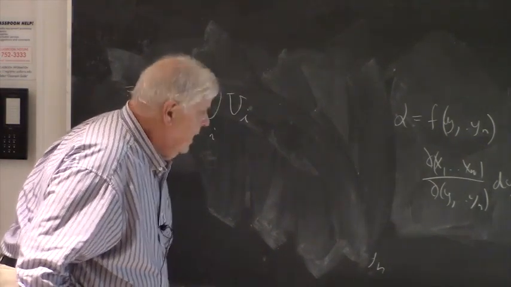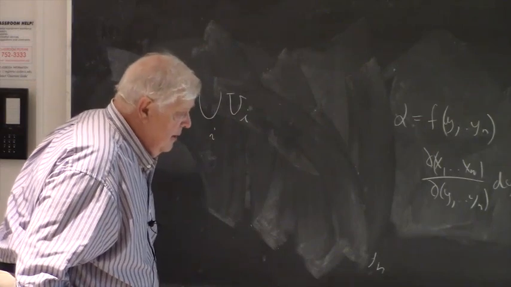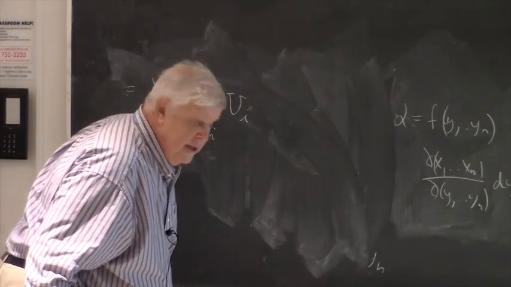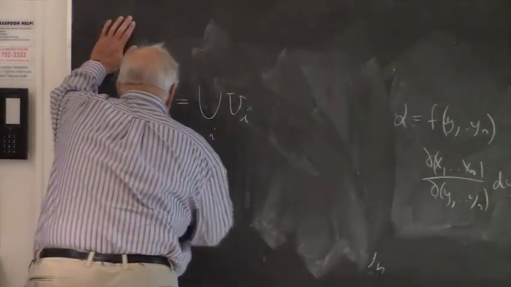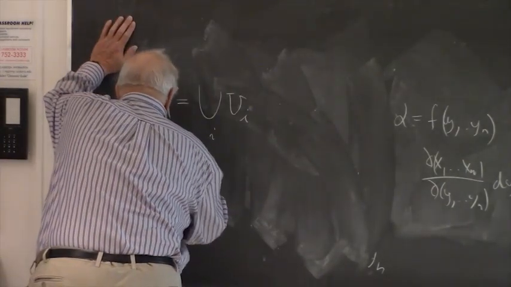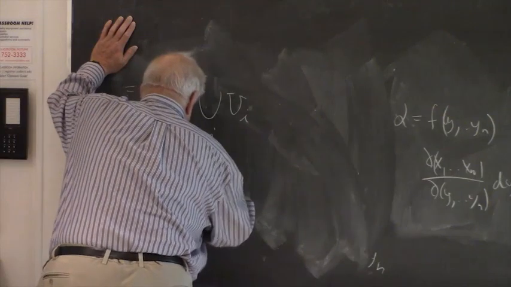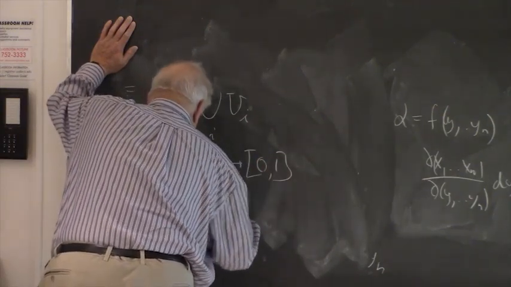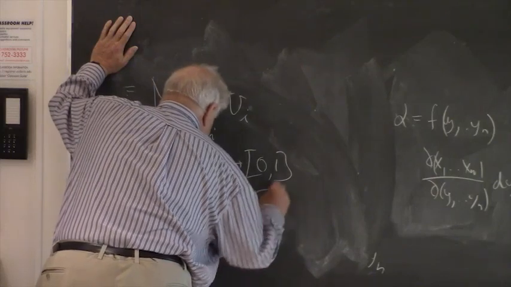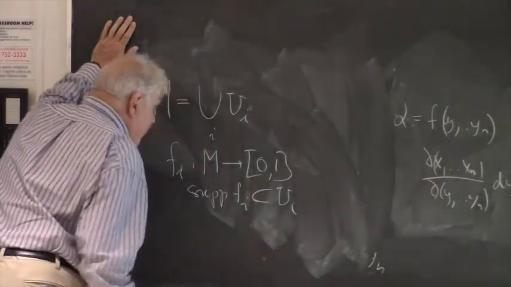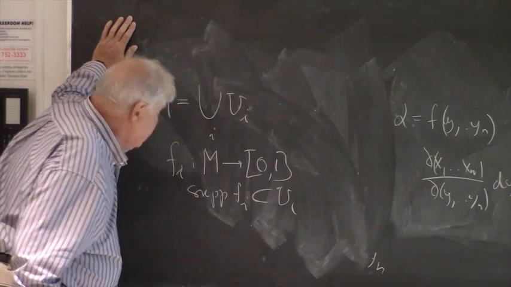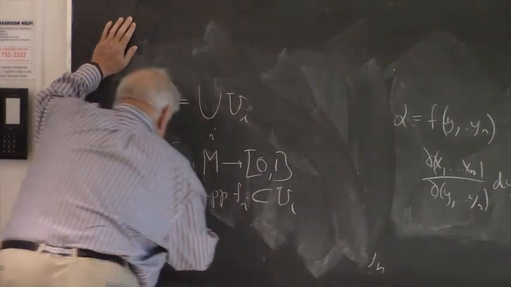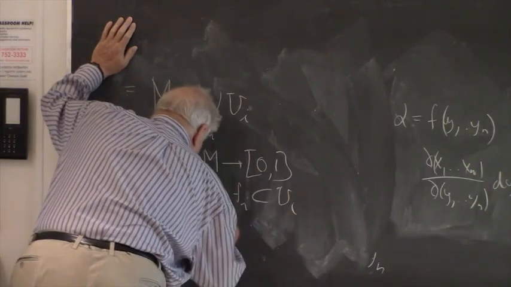So the U_i are open sets in M with coordinates within each of them. Then I can find functions f_i on M with values in [0, 1], with supports contained in U_i, such that the sum of f_i is 1.